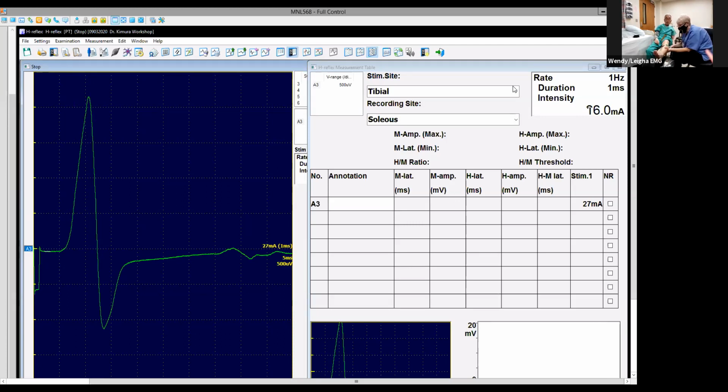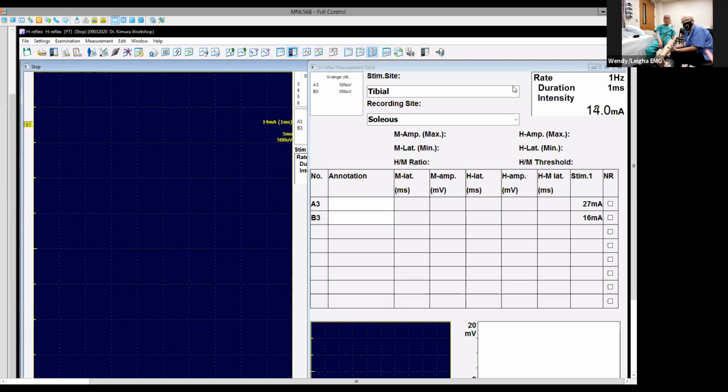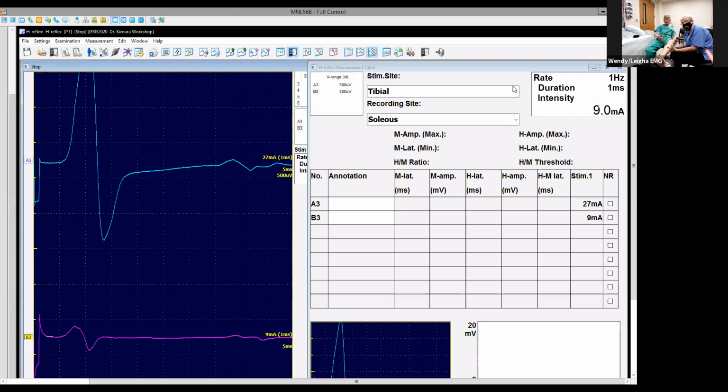Can you do something more? Let me do something. Is the cathode moving upward, up direction? Yep. Then I try again. Okay, reduce the intensity a little.